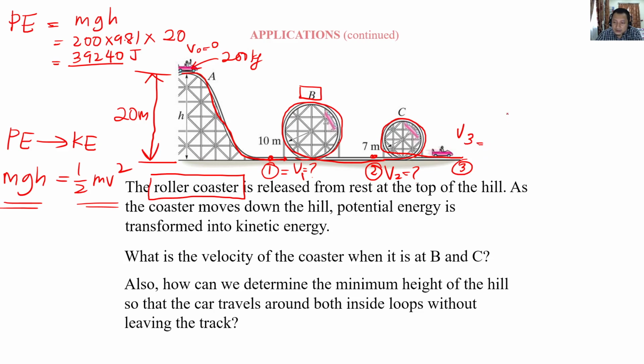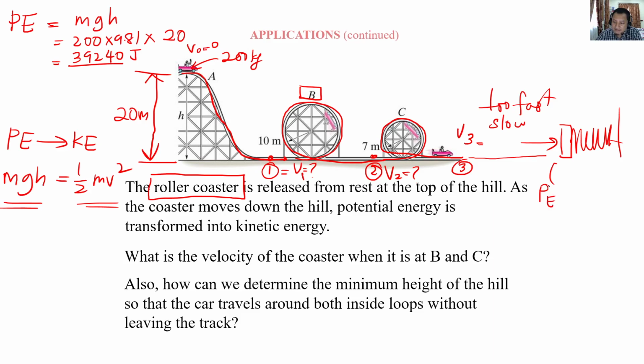Is it still too fast or slow? If it's too fast, you need to design some sort of springs that can absorb the impact. So spring, do you still remember potential energy from spring, which is half kx squared, so that the final velocity will become 0.